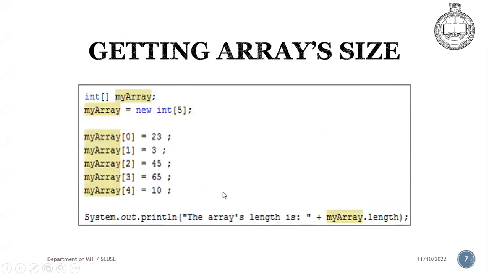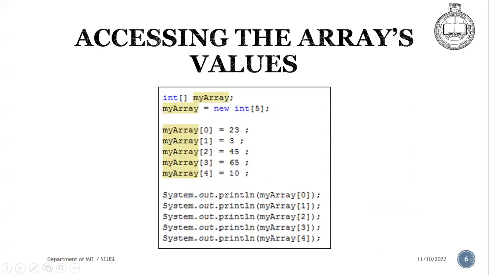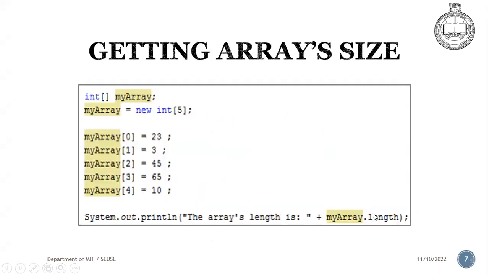And if you want to find the size, this is normally not done, but just to give you the idea, you can use the array name dot length expression and find out the size. This is the normal way the array creation and array accessing process is done.